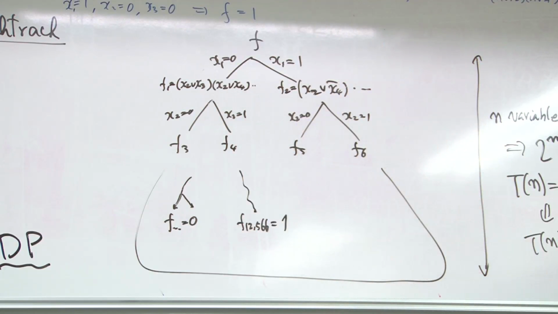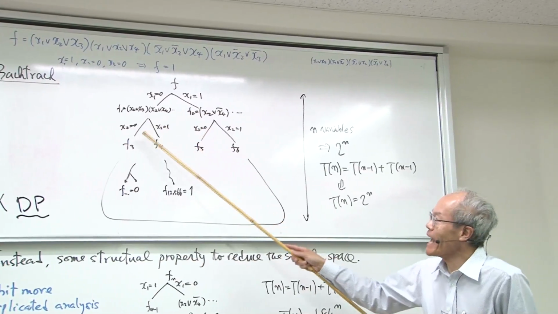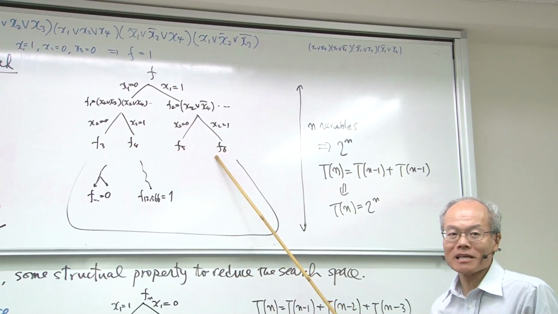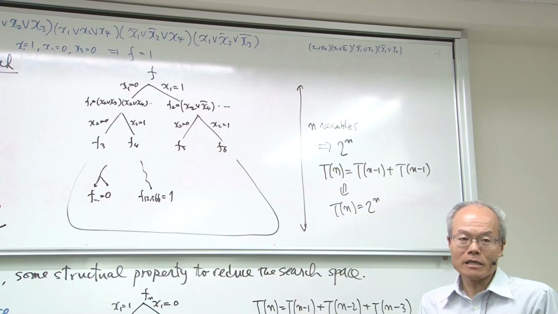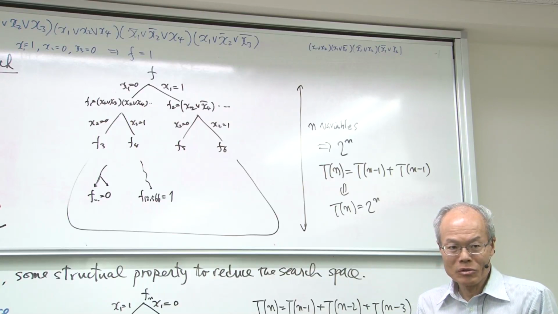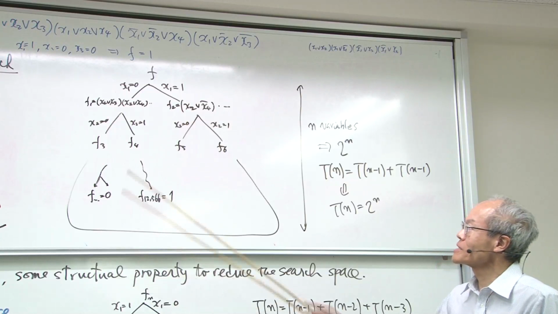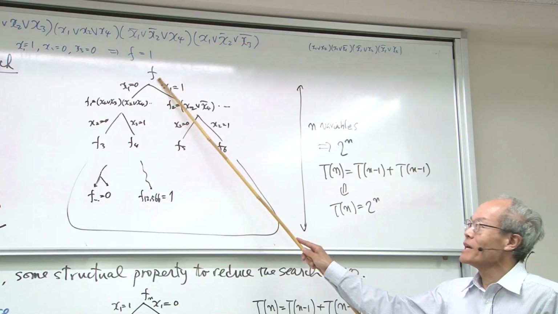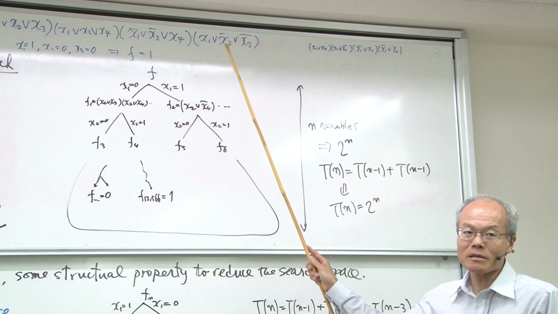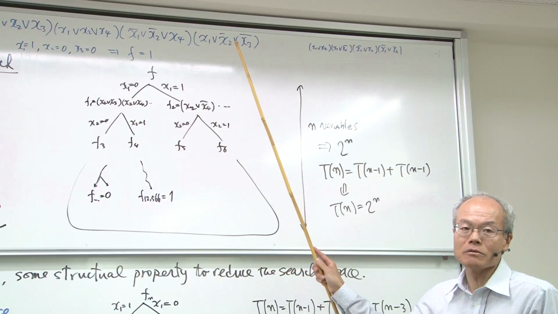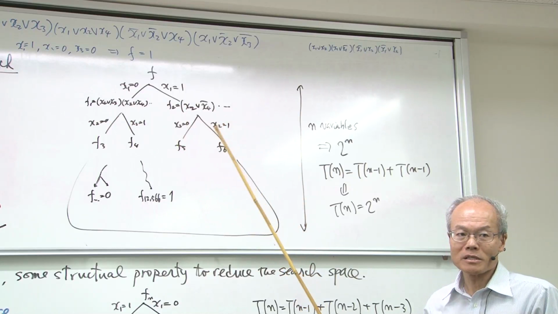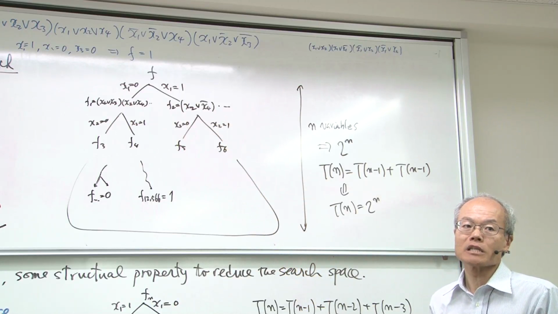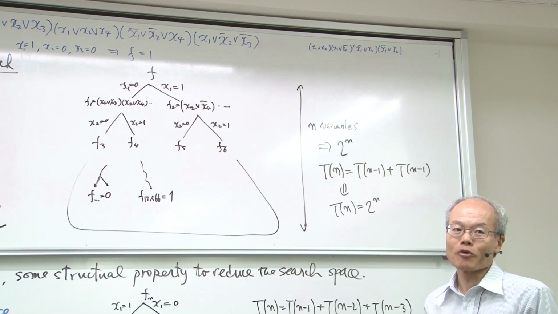And you can prove that in any node in this search tree, you have at least one clause of size at most 2. Okay, at most 2. Then, this is only one exception. At the very beginning, you don't have any clause of size 2. But after that, in each node, you must have at least one clause of size at most 2.